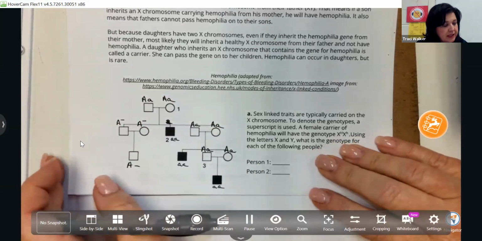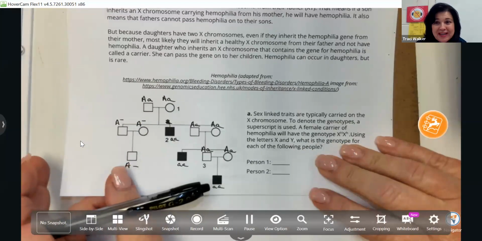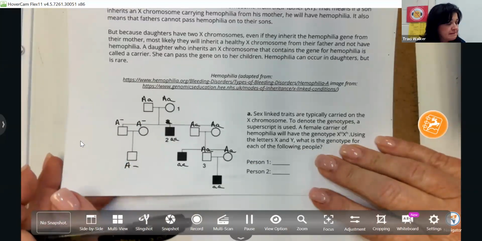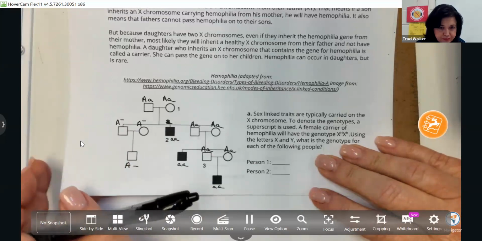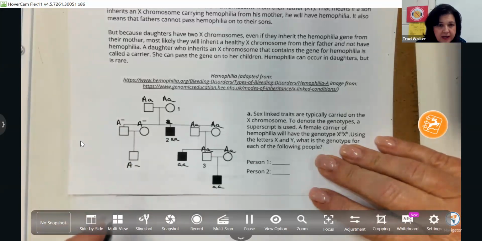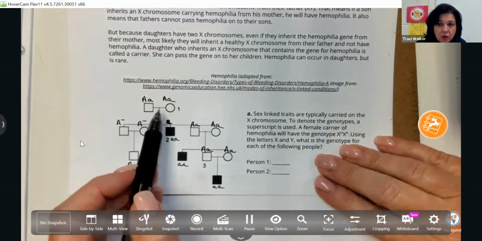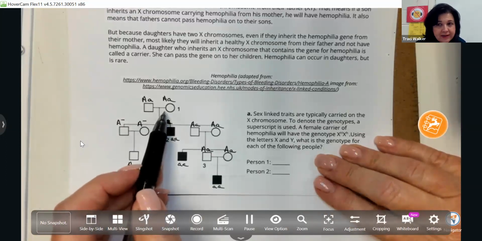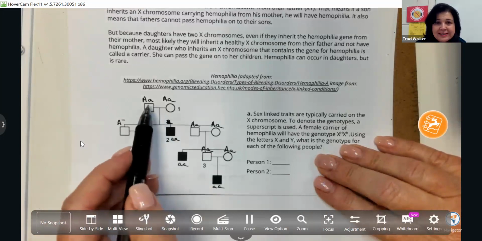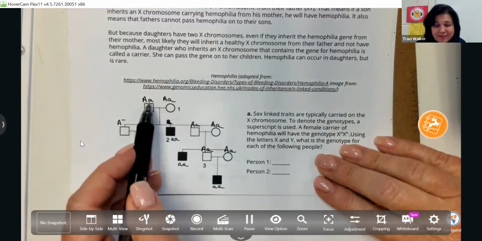So let me show you how you use the X's and the Y's. Dad only has one X chromosome, so in this case, dad doesn't get two letters.